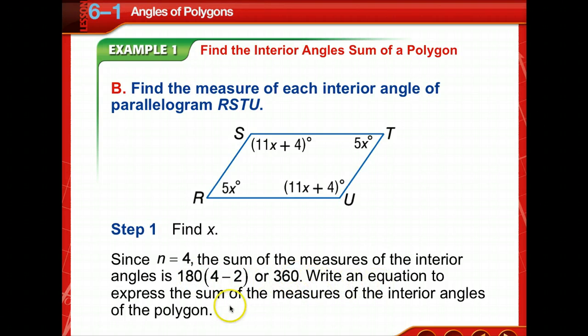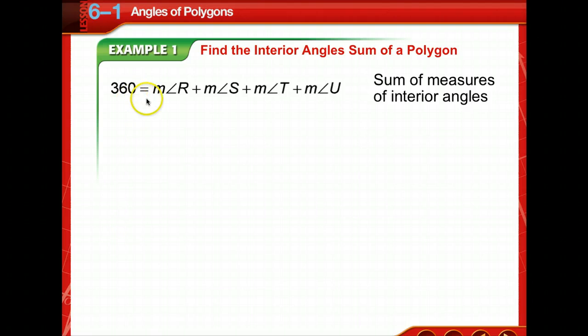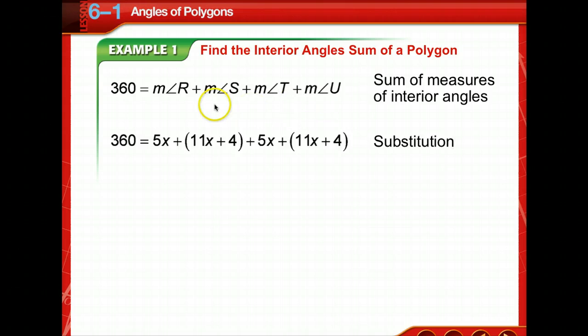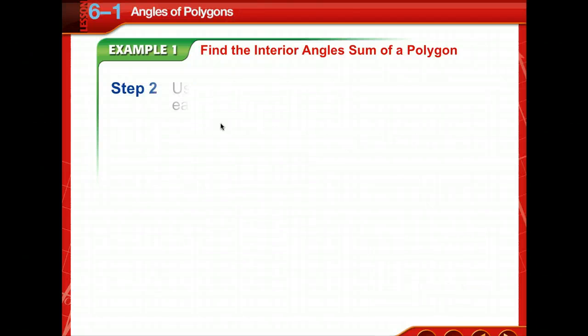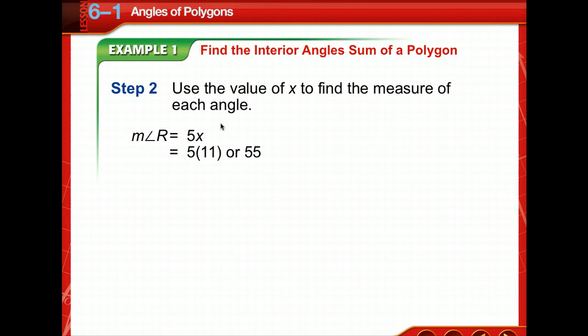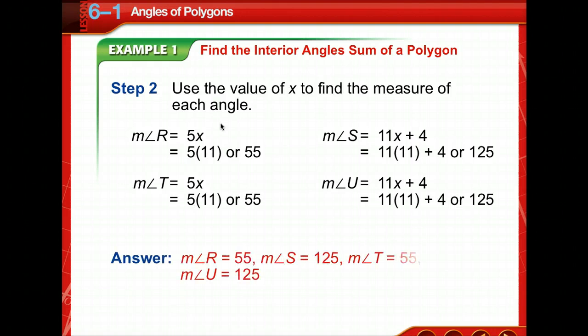So we can write an equation to express the sum of the measures of the interior angles of a polygon. 360 is equal to the measurement of every angle added together. We substitute in what the measures are that are given to us on the diagram. We combine our like terms. So we're going to subtract 8 from both sides and divide by 32. So now that we know that x is 11, we can substitute 11 for x to find out what the measure is of every angle.